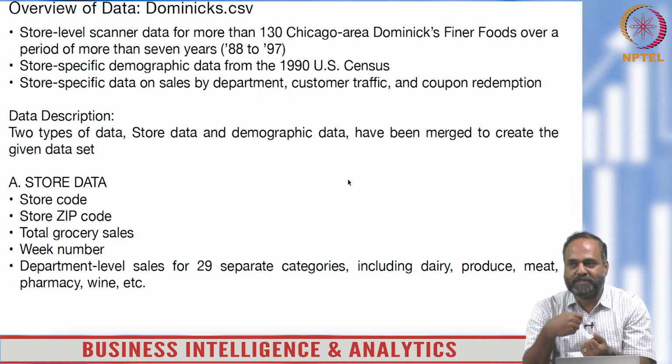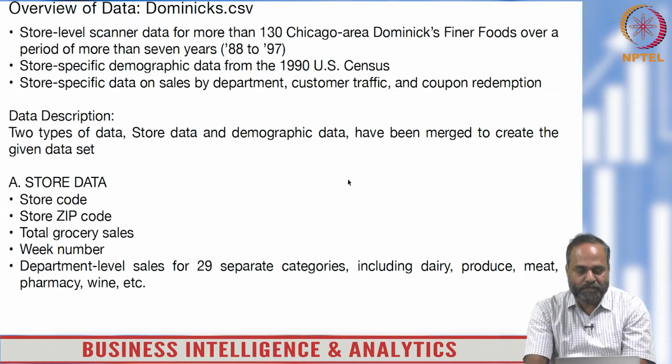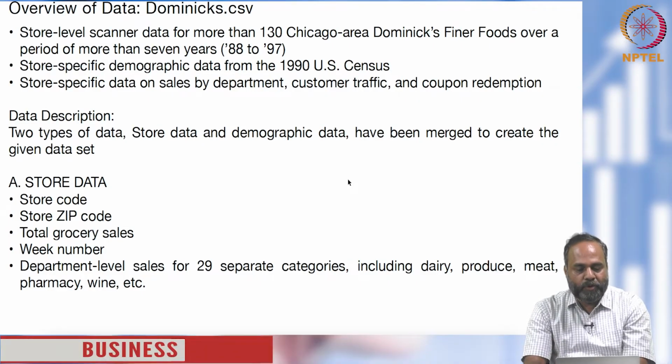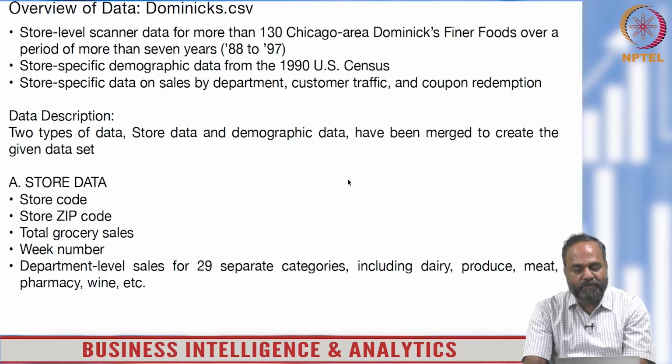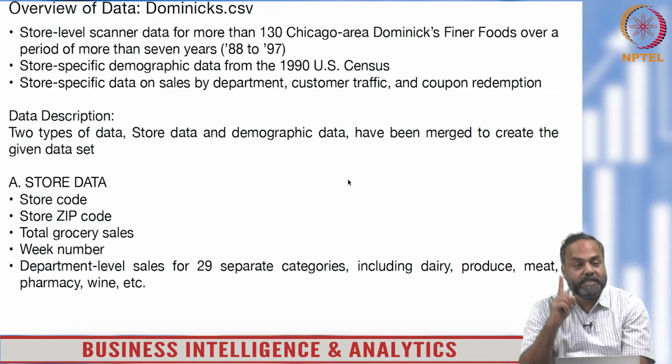You know the scanner means the barcode, okay, or RFID, depending on what is the identifier for items in stores. So each item has an identifier, and of course it is an automated store, there is a POS, and the POS data is captured for more than 130 Chicago area Dominick's Finer Foods over a period of more than 7 years.